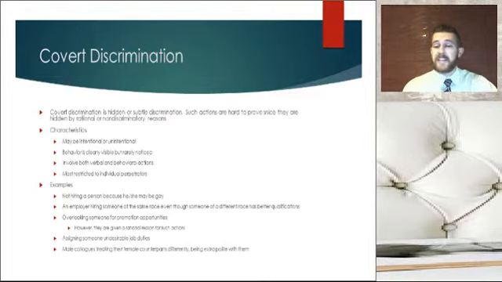Assigning someone undesirable job duties could be another example. And male colleagues treating their female counterparts differently, basically being extra polite with them. This is something that is seen around the job industry on a daily basis. Like I said, covert discrimination is hidden or subtle, so it's very hard to prove.